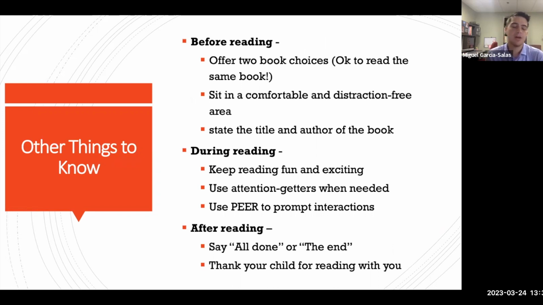Okay, so other things I think are important to know when we're reading with our children. It's always good to give the child some choice. So we can offer 2 book choices. We'll ask you in this study to offer some of the books that we provided to you, and it's very much okay to read the same book.